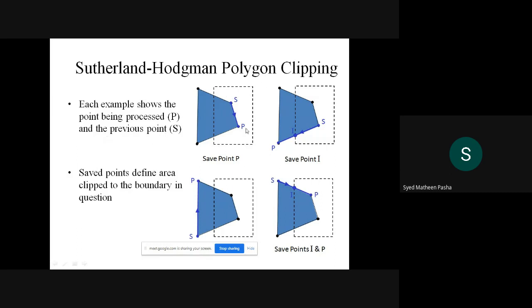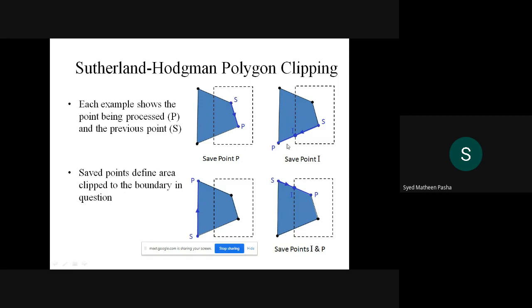So in the first example, this is the point here. I can represent it as P, and you can check out the previous point. This is the S, where the point is being displayed with respect to the point which is being processed. This is towards the right part. I can tell this lies under the first phase.